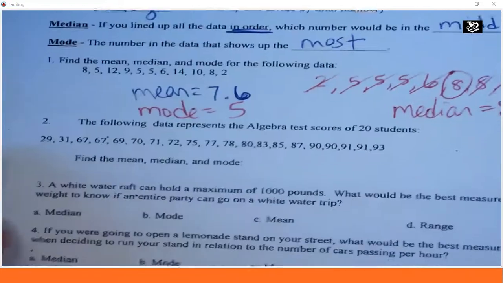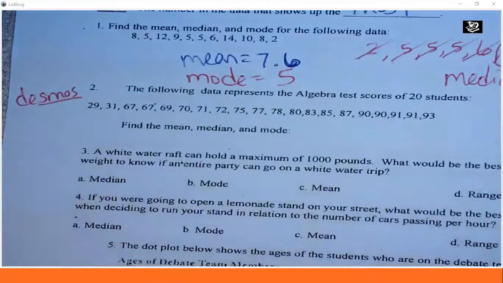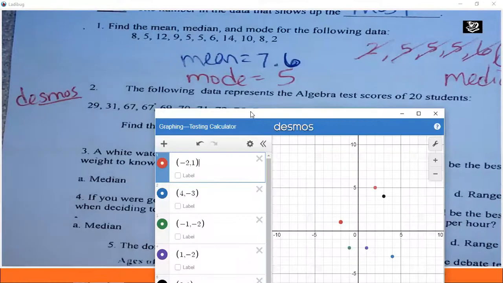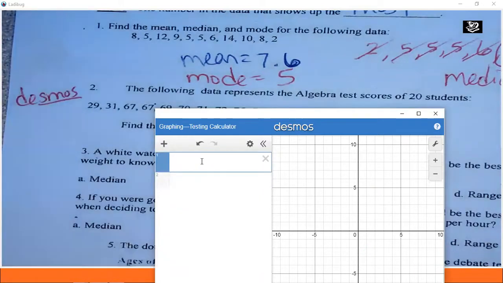Number 2, I'm going to show you how to use Desmos for this. Go ahead and pull up Desmos. In Desmos, you are going to type L equals.